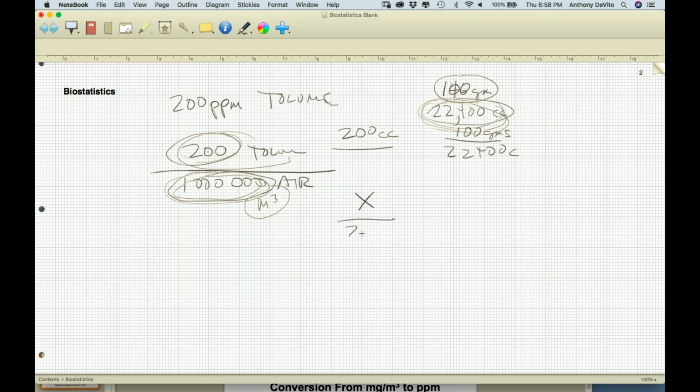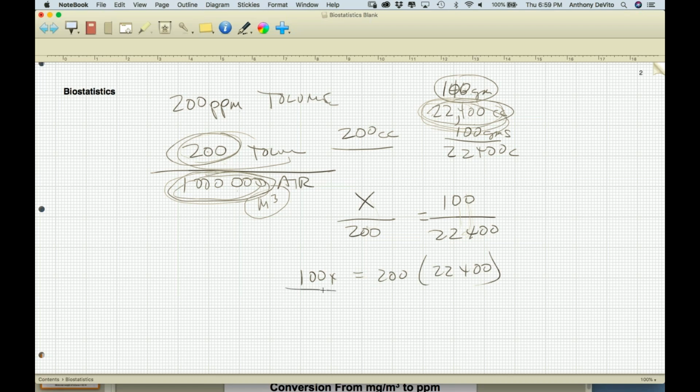So X over 200 is equal to 100 over 22,400. This represents the ratio that we want to duplicate with 200 cc's. So it's going to be 100X is equal to 200 times 22,400.